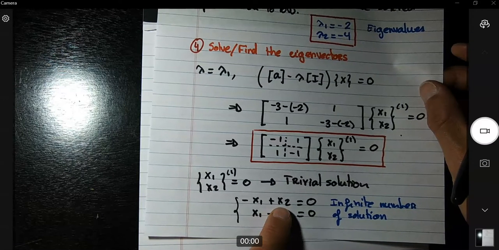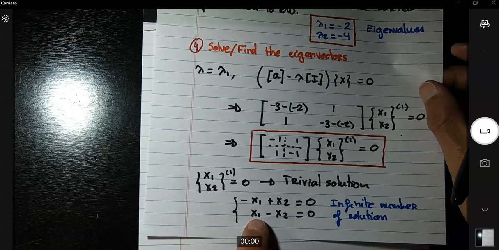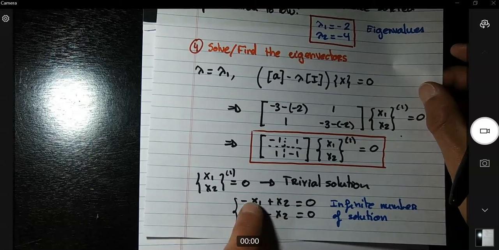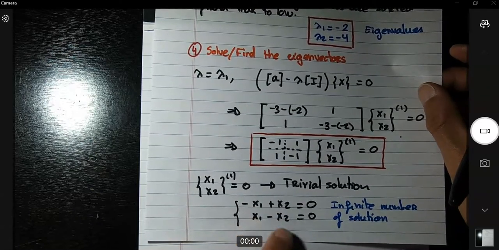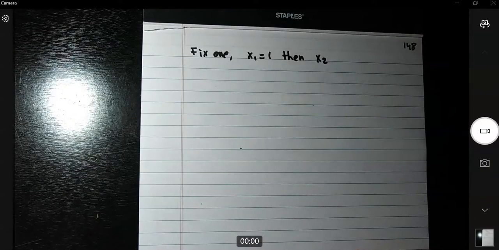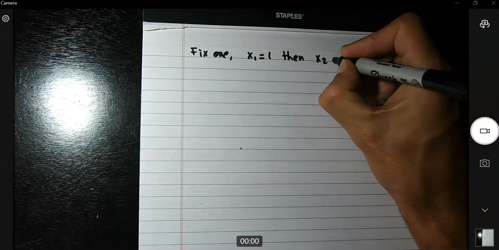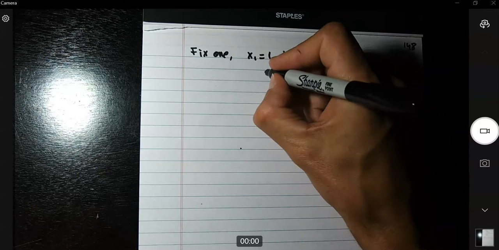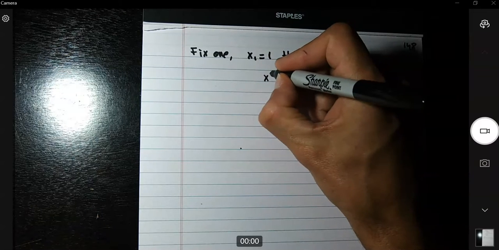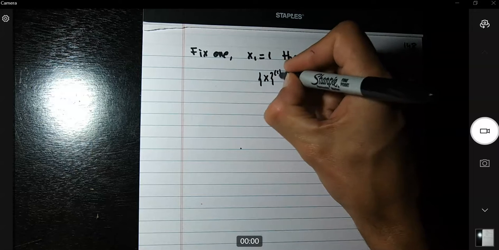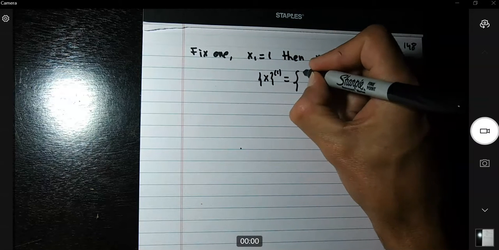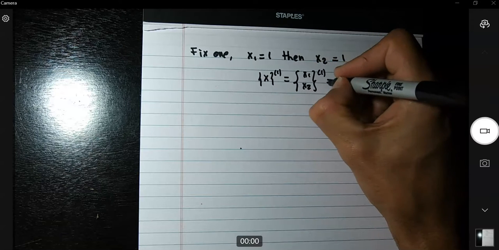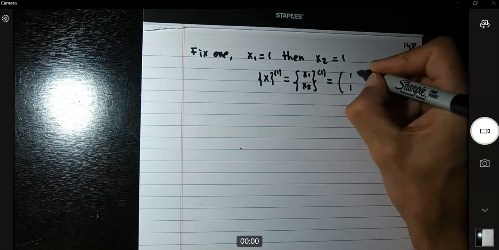Out of that equation, with x1 equal to 1, minus 1 plus 1 is 0, 1 minus 1 is 0, in order to be satisfied. So x2 equals 1. It's that simple. So the first eigenvector will just be equal to 1, 1.